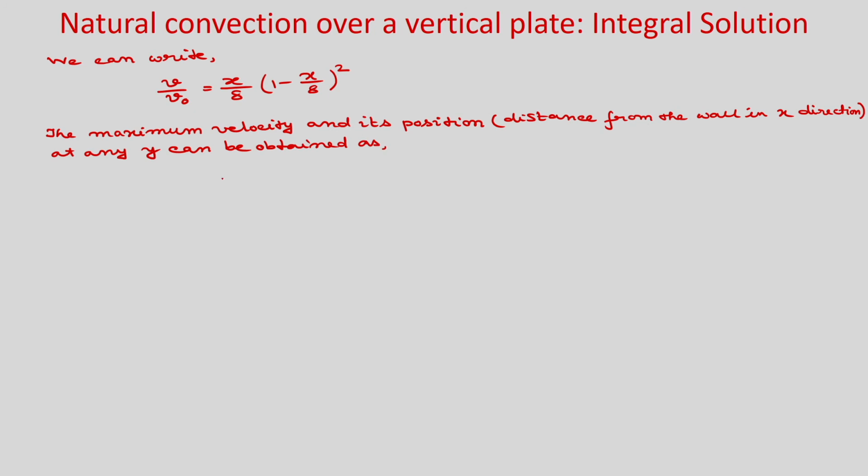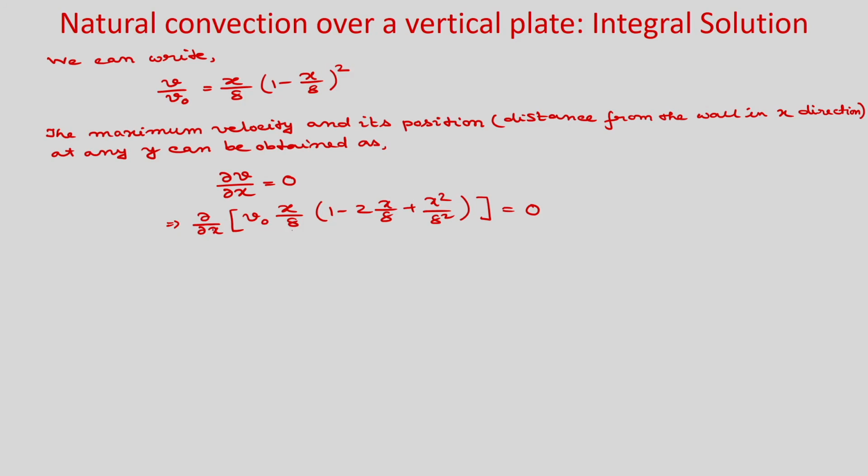So, we can write del v by del x is equal to 0. So, that means del by del x of V naught, okay, times x by delta times (1 minus 2 x by delta plus x square by delta square) is equal to 0. So, you see V naught is a function of y and delta is also a function of y.